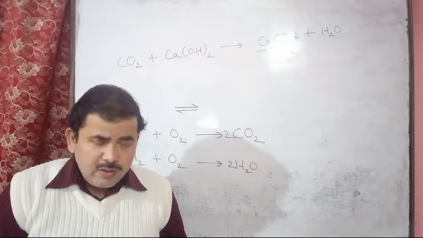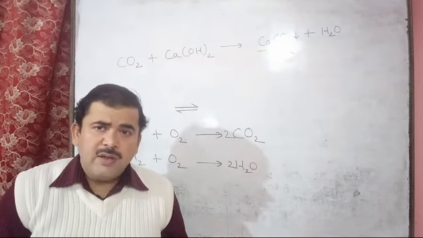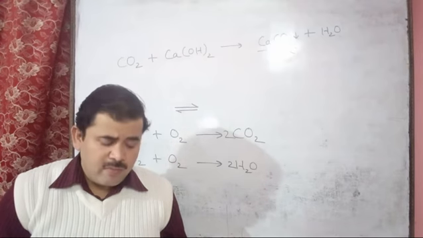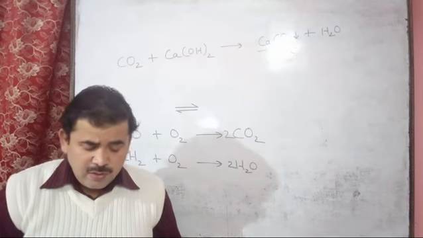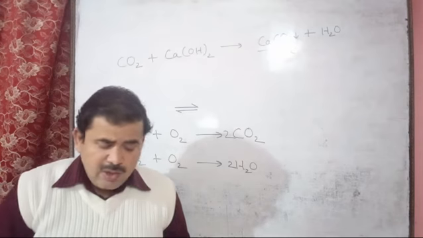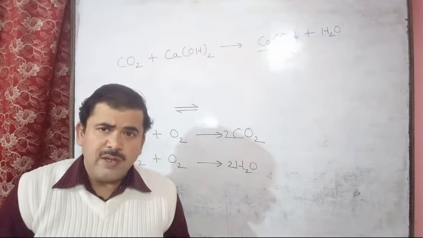So here we will not consider the lead. Lead is placed just above the hydrogen, but this is not considered for the preparation of the hydrogen, because in this case this gives an insoluble material.